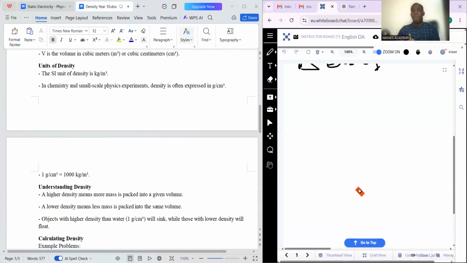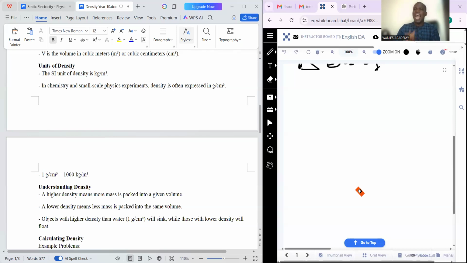So the volume can be the same, but the mass will reflect on the density of the object. Two parameters are very important in determining density: mass and the volume it occupies.